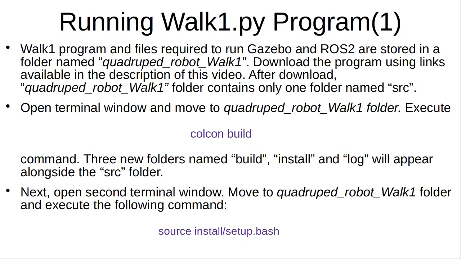Open terminal window and move to Quadruped Robot Walk 1 folder. Execute colcon build command. 3 new folders named build, install and log will appear alongside the SRC folder. Next, open second terminal window, move to Quadruped Robot Walk 1 folder and execute the following command: source install/setup.bash.